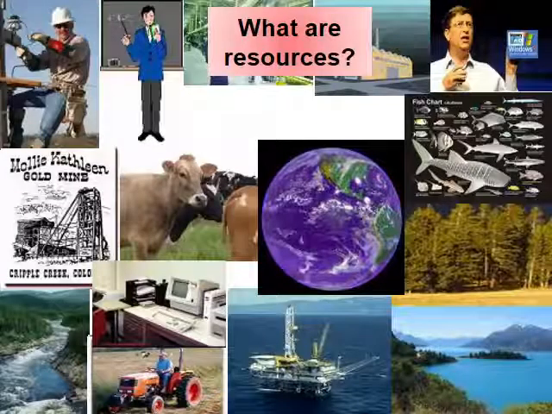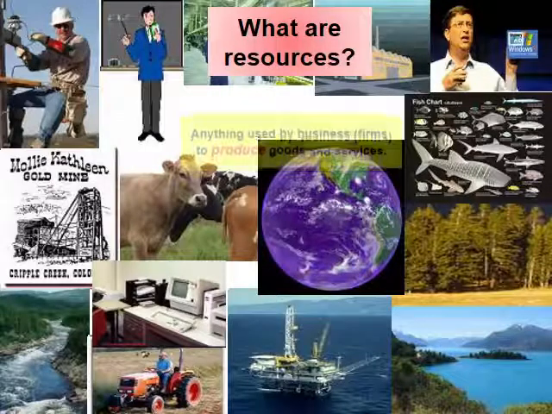Now, we've just been talking about resources, and we need to find out what they are. Write a simple definition and see what they're used for. And in the slide you can see a number of different resources: human resources, natural resources, and man-made resources. And so firstly, to our definition, what is a resource?